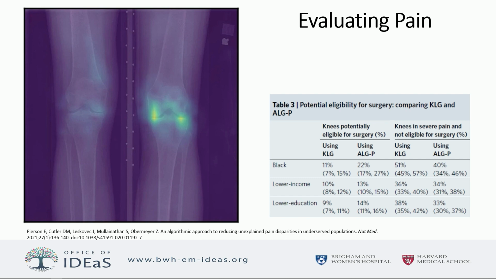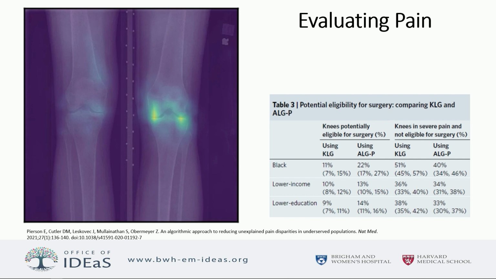And so in orthopedics, there is a KLG score, and something German I can't really pronounce, but there's a KLG score that basically looks at radiographic evidence and physical exam evidence to try to decide if the patient is a good candidate for a knee operation. It turns out that African American patients specifically have pain that's out of proportion for this KLG score, and often do not get the intervention that they need with this traditional score.